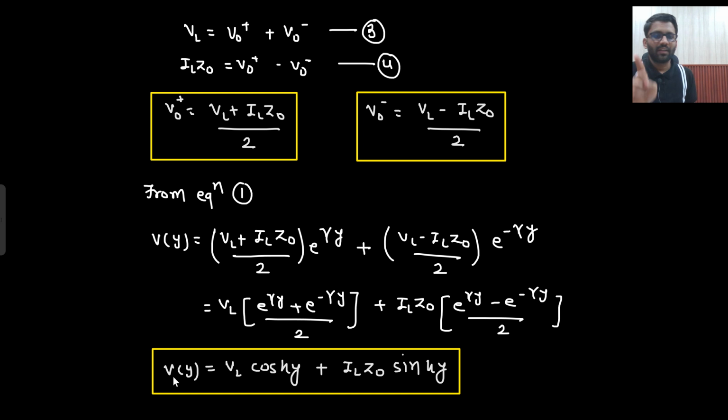So similarly, the Vy expression that we got, in the same manner you will get the expression of Iy as well. So what will be the expression of Iy? That would be equal to IL cos hyperbolic gamma y plus VL by Z naught sin hyperbolic gamma y.